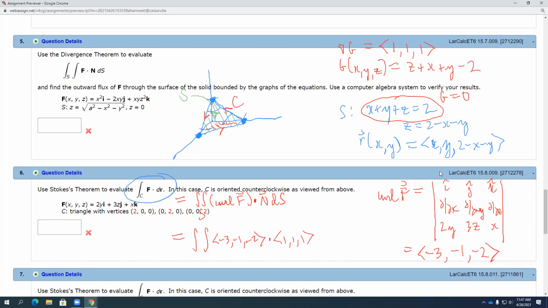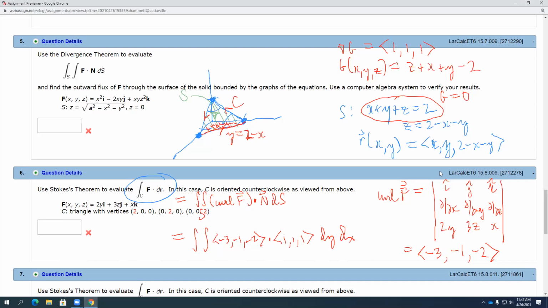The curve that bounds the shadow of the surface down in the xy plane is y equal to what? 2 minus x. Yes, 2 minus x.